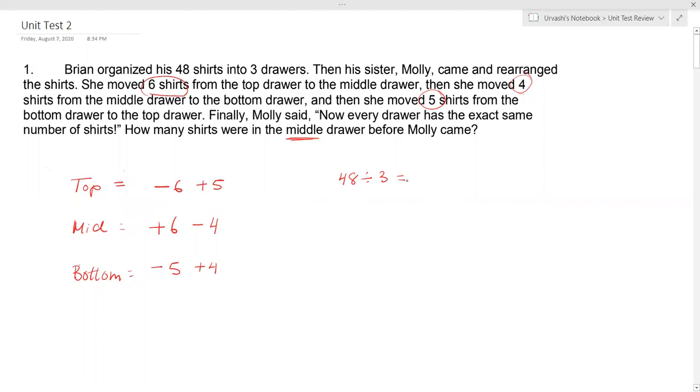So then 16 is what, 6 plus 5, and then the first drawer needs to be 17. The first drawer needs to be 5.